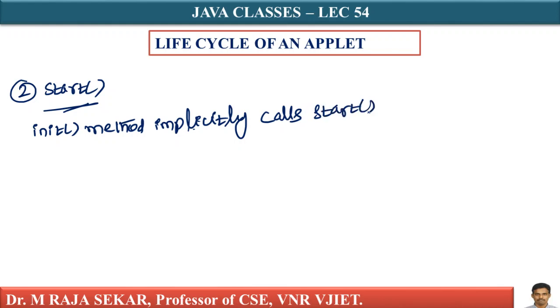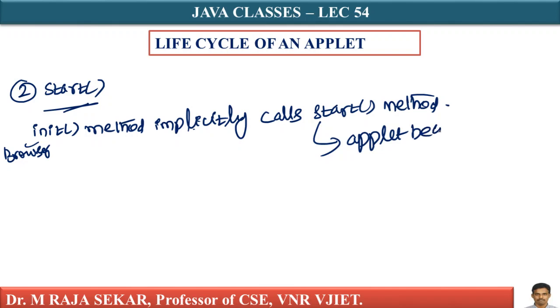Just try to recall which one calls init: the browser calls the init method. The init method implicitly calls the start method. In the start method, the applet becomes active and thereby eligible.